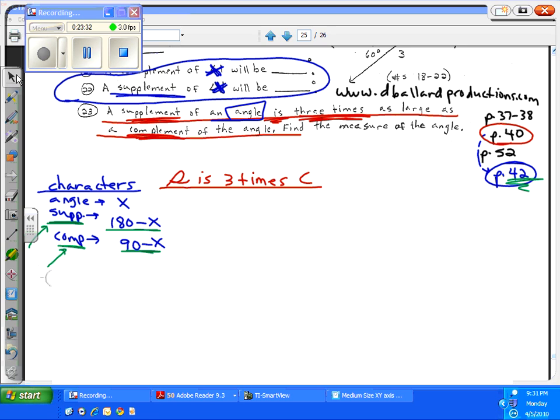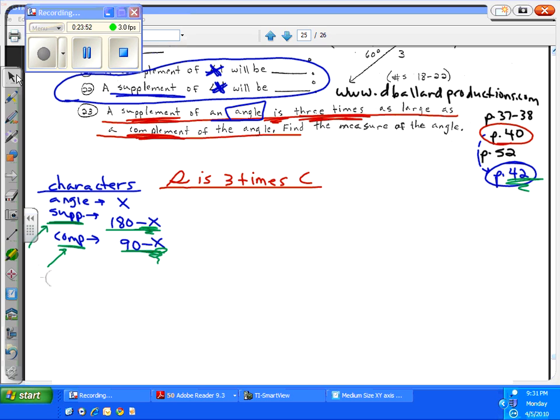So again, page 42 says to be able to do the order of operations, you can only have one variable or one name. If you have more than one, you must name one in terms of the other and substitute or use special rules to name them in terms of the same variable.